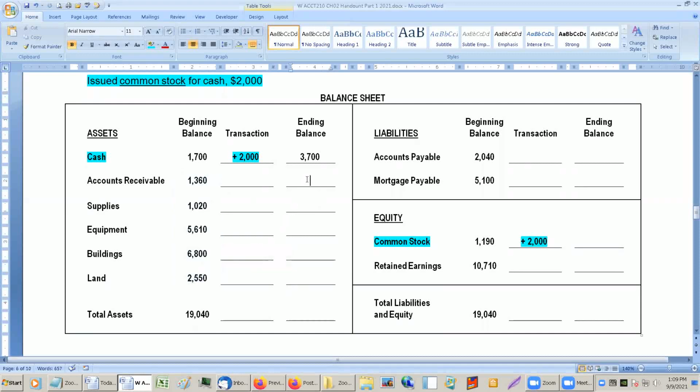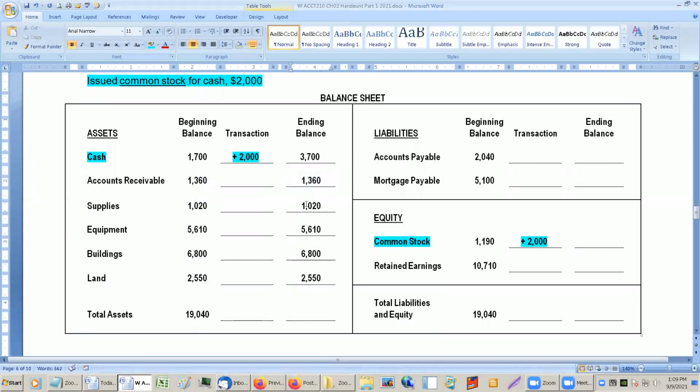So is it only that we would subtract if it were on the asset side, and anything that has to be paid, like common stock or accounts payable, would always be a plus because we owe it?